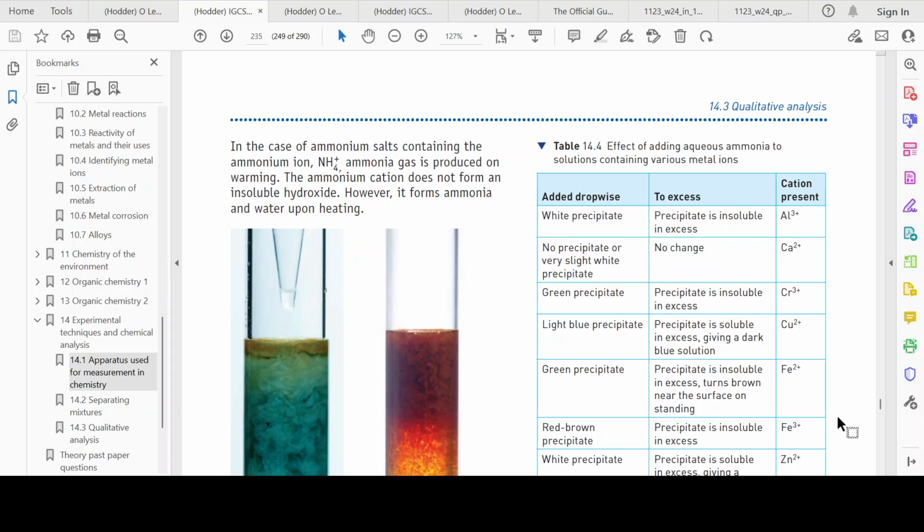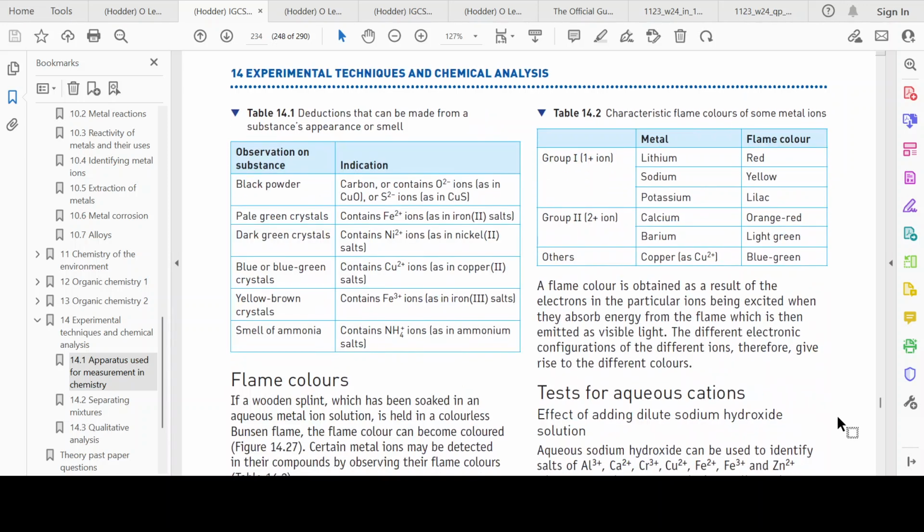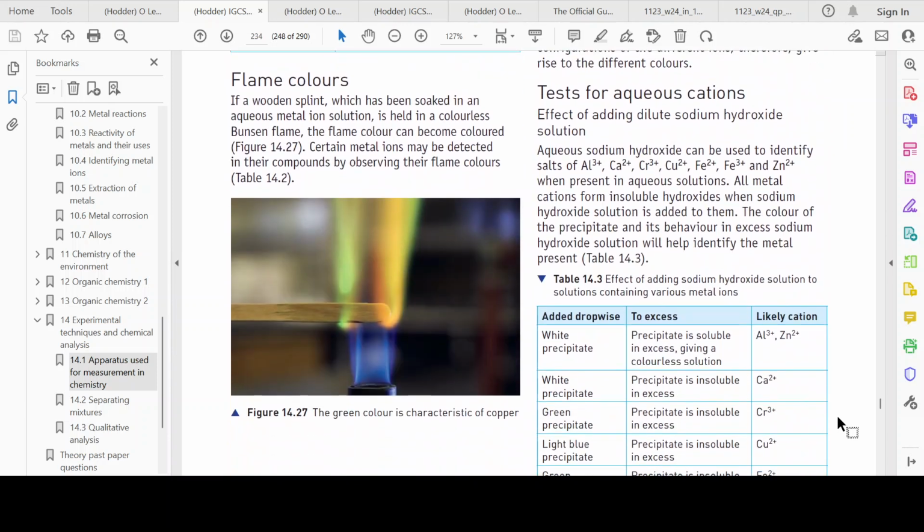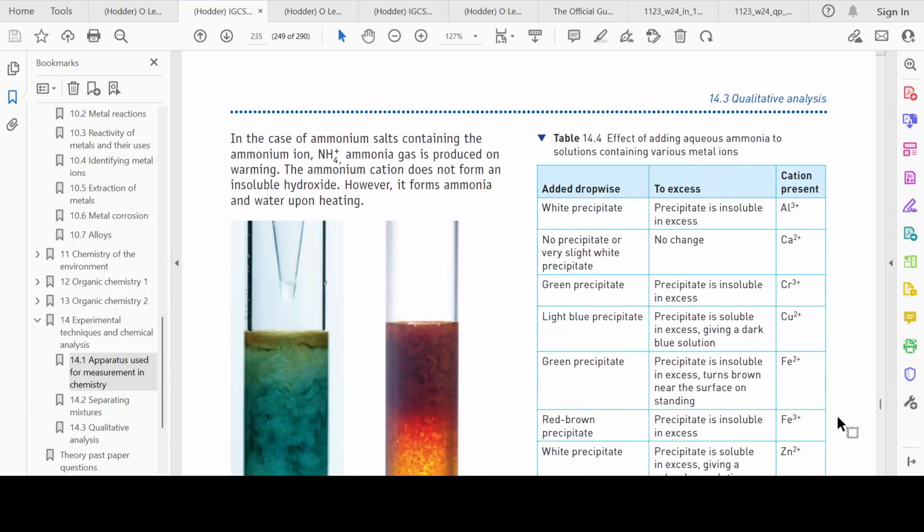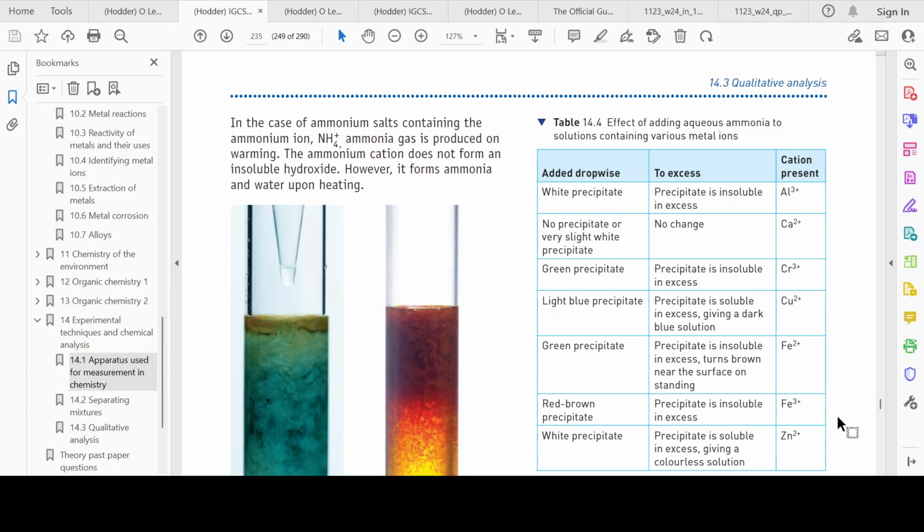In case of calcium, there is no precipitate or very slight white precipitate, and adding excess doesn't give you anything. So if with sodium hydroxide you were getting a white precipitate and it was insoluble in excess, but you're not getting anything with aqueous ammonia, that means you've got calcium. So this way, when you're comparing the two results, you can come to a definite conclusion.